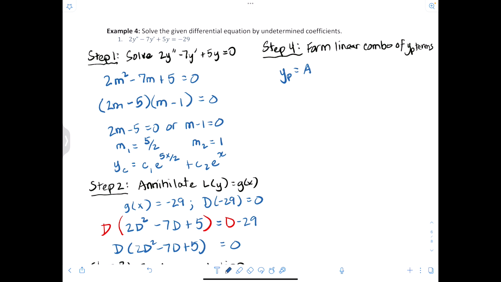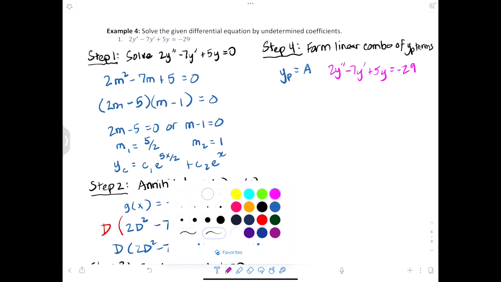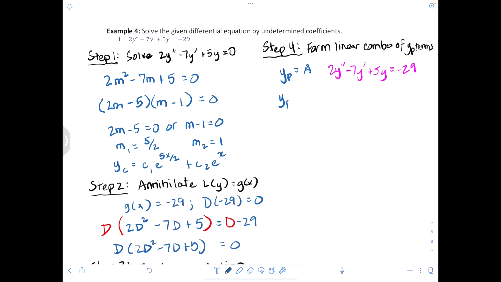Now, putting together that original equation, which was 2y double prime minus 7y prime plus 5y equal to negative 29, if yp is a, yp prime is 0, yp double prime would also be 0.